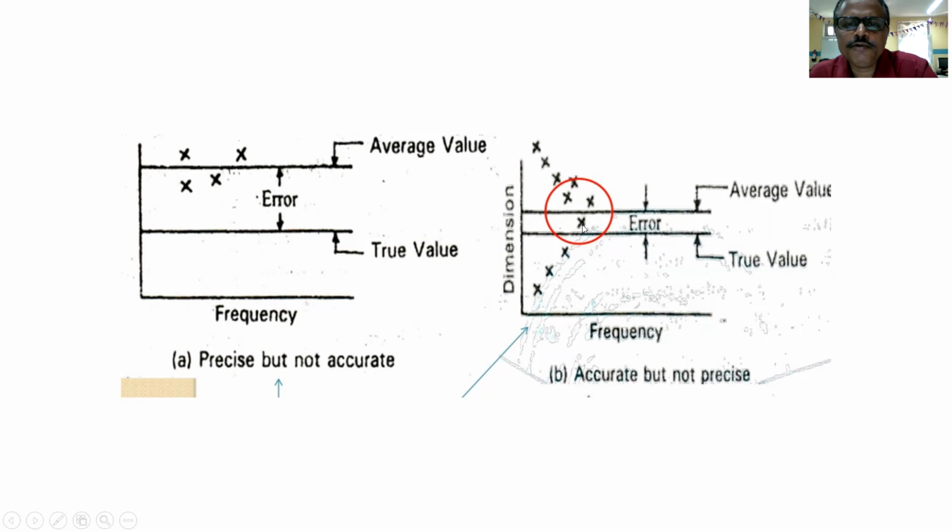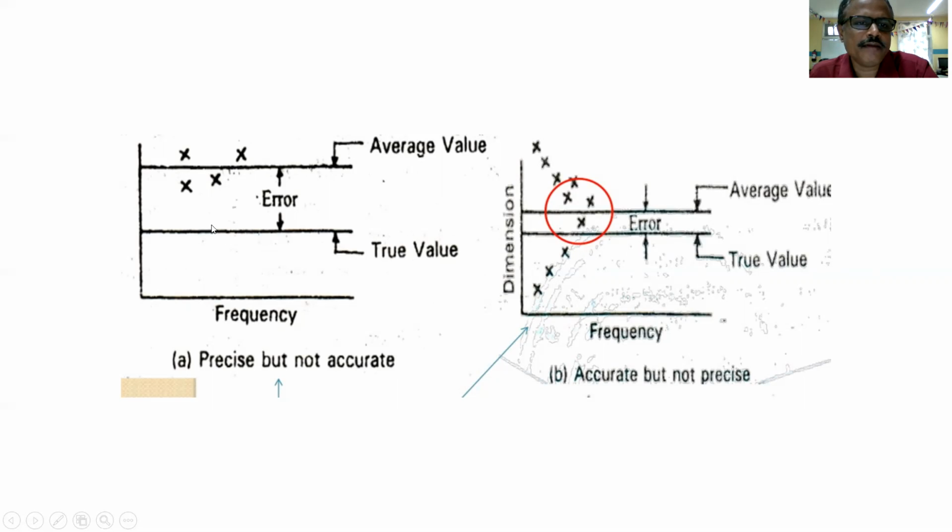If your measured value, which is nothing but the output, is anywhere close to this true value, then we say that the instrument is accurate. The measuring instrument is giving readings close to this average line, called the true value line. So in this second diagram, it is accurate.